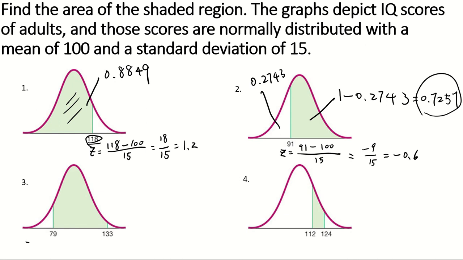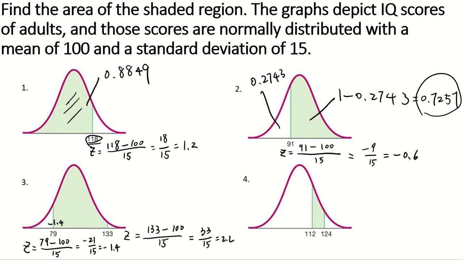The z-score of 79 is calculated by 79 minus the mean, which is 100 divided by 15. And the z-score of 133 is 133 minus this 100 and divided by 15. Going through the calculation, you will find the z-score for 79 is negative 1.4, and the z-score for 133 here is 2.2.